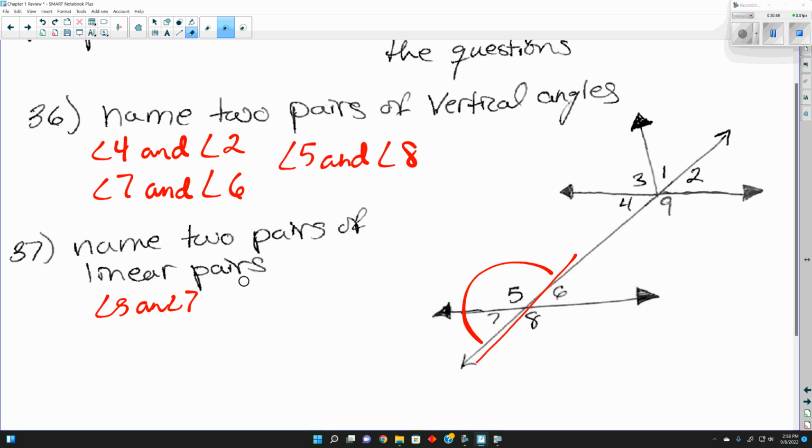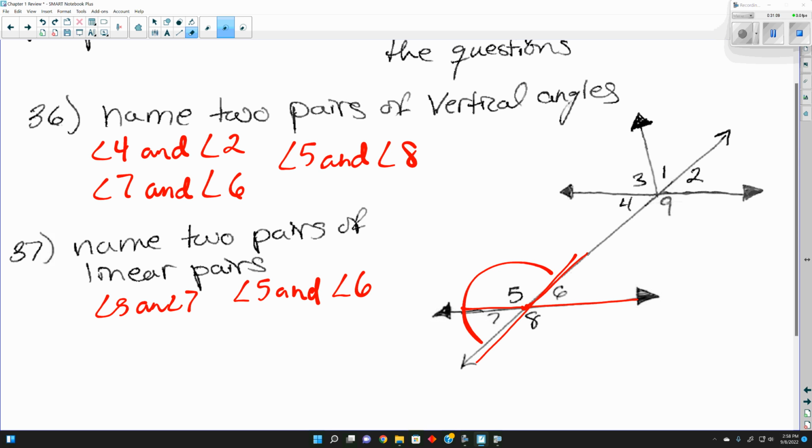But we could also say 5 and 6. They share a common vertex, no common interior angles, and they make a straight line.